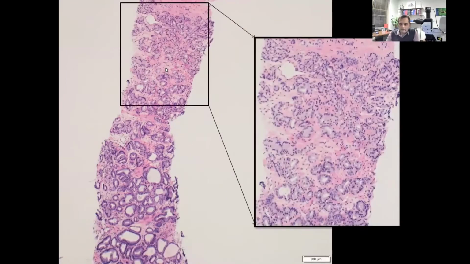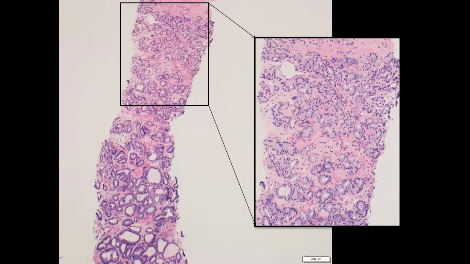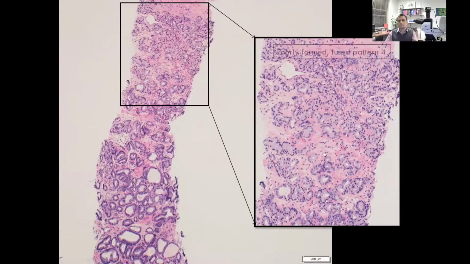Let's take a closer look at this area. We can see most of the glands are shrinking in size. They become smaller and smaller. They start losing their lumens, right? So these are called poorly formed glands. Not only that, they also start fusing with each other. So this combination is called the poorly formed fused pattern of Gleason 4.